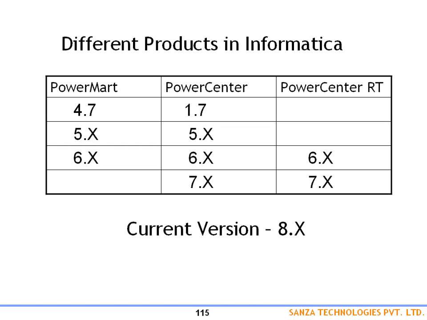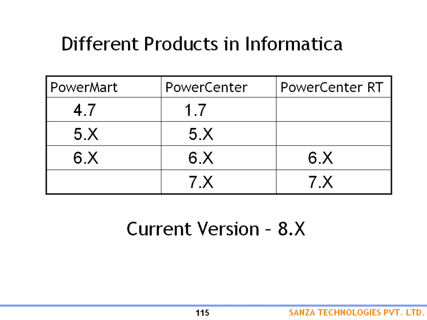In the ETL space, PowerMart is one product, Power Center is another product, and there is Power Center RT. Informatica used to sell 3 products, but currently it sells 2 products called Power Center and Power Center RT, the main products in the ETL space.